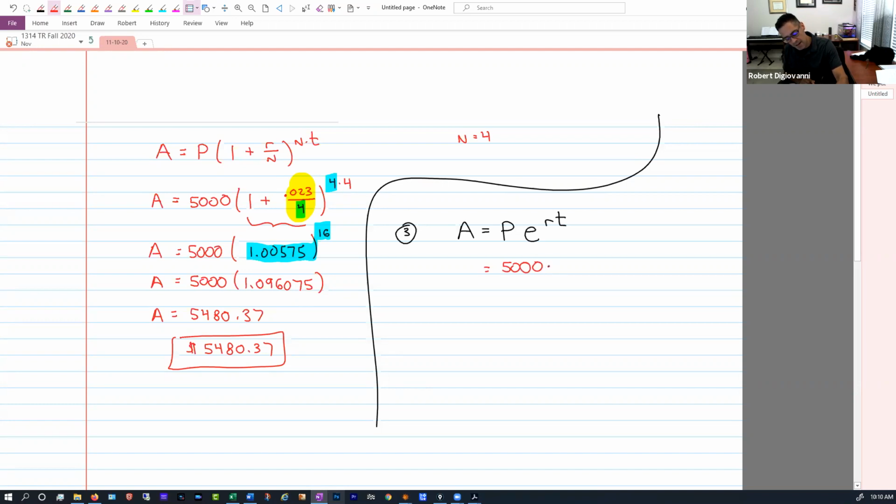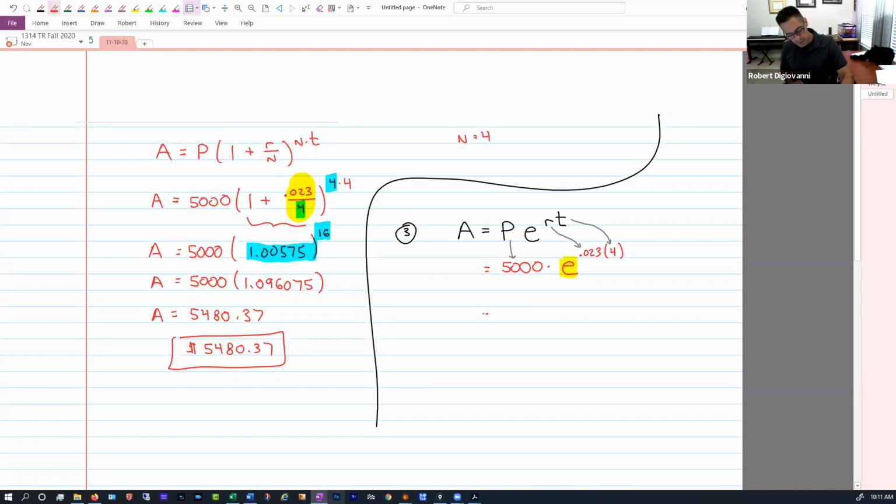Then we say times E raised to the R, which is 0.023, times T, which is 4. Does everyone understand where these pieces come from? 5,000 is the P, R is the interest rate, T is the time, and E is what happens when we compound continuously. We don't have an N anymore.